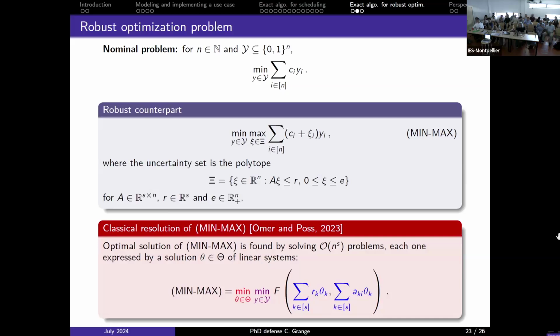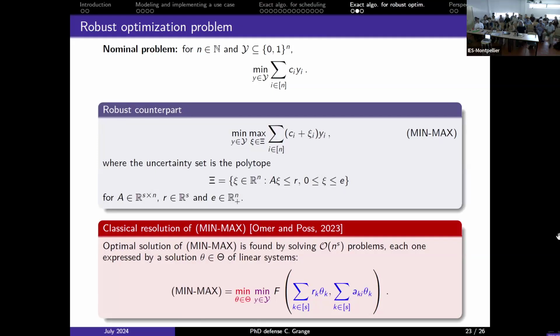And each problem is defined by a solution theta of a linear system defined by the matrix A. I didn't write properly all the linear systems, but it really depends on the shape of the polytope.